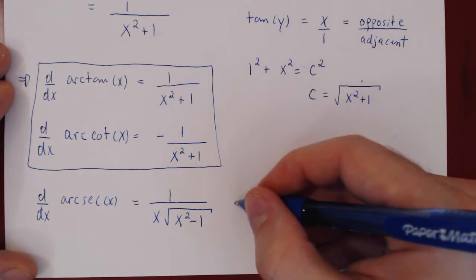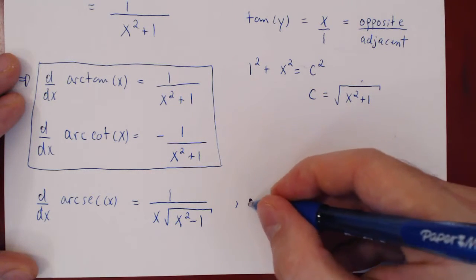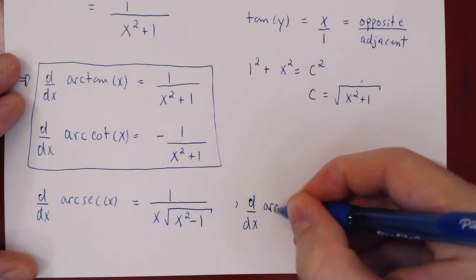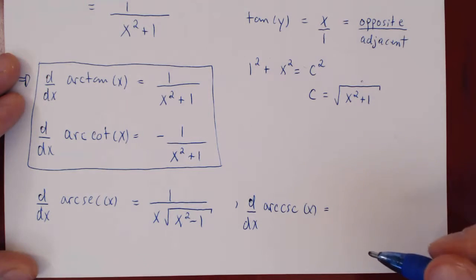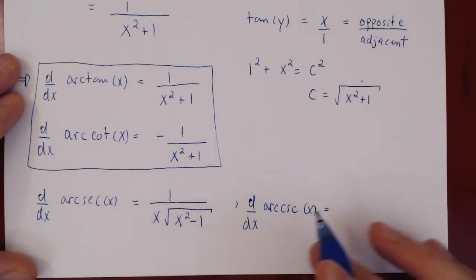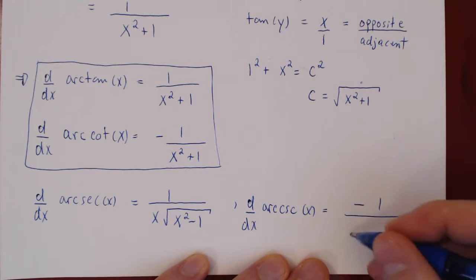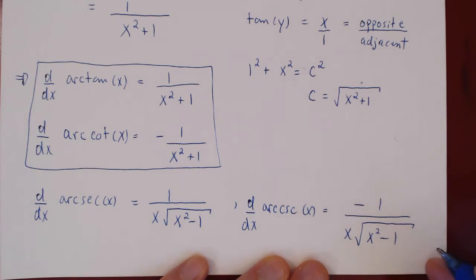And again, interestingly enough, the derivative of arccosecant of x happens to be once again the negative of the derivative for arcsecant. So it's negative 1 over x times the root of x squared minus 1.